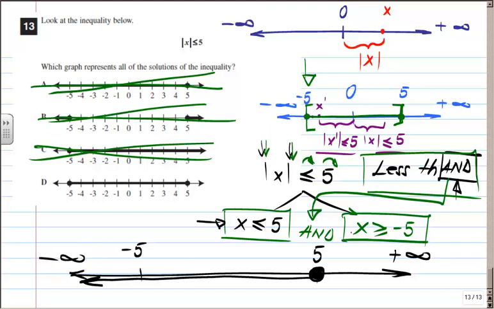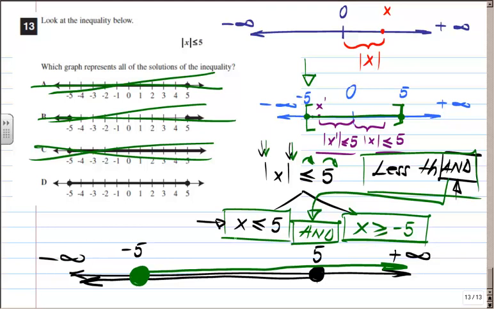If I'm going with the other inequality, x greater than or equal to -5, I'm going to -5, which -5 will be included, and I need all the numbers to the positive infinity that will satisfy the condition of being greater than or equal to -5.